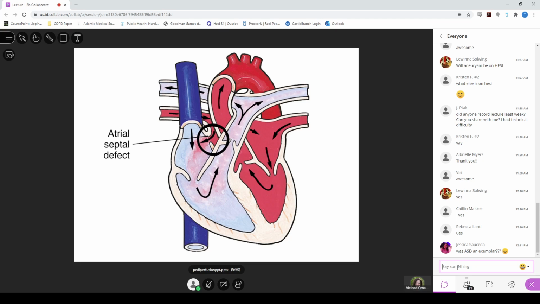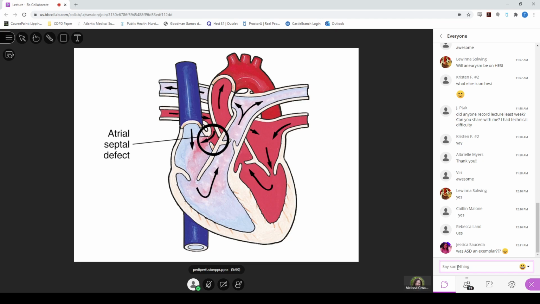Then you have ASDs. The hole is in the atrial septum. This is also increased pulmonary blood flow. Hole between the atria. The oxygenated blood from the left atrium is shunted to the right atrium and to the lungs. Most of these defects do not compromise the children seriously. They do need to be repaired.